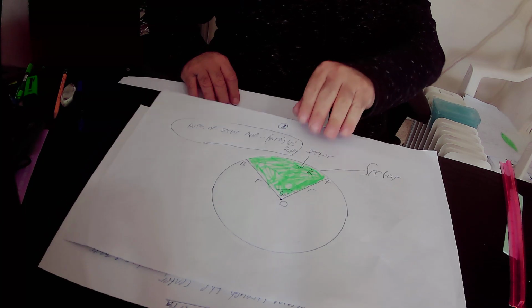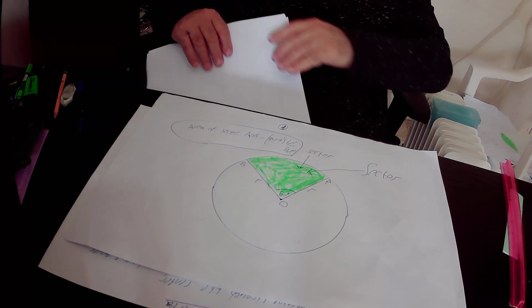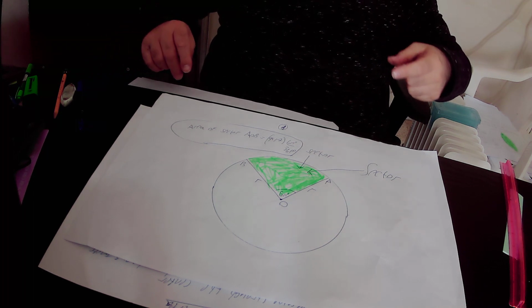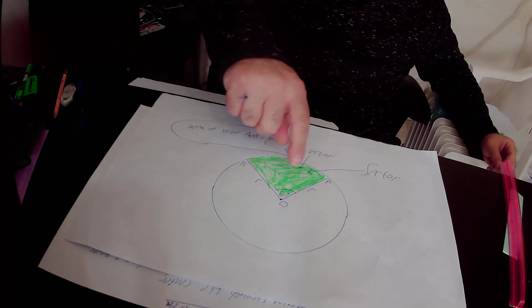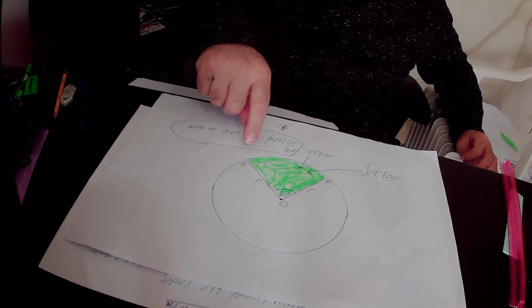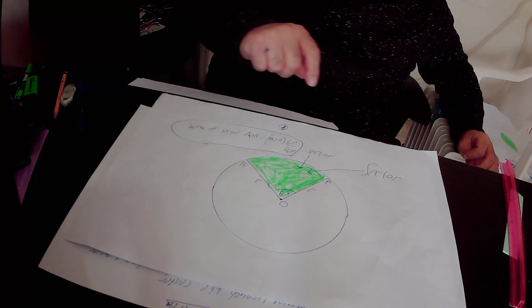So first of all, I presented to you the term sector. Sector is the area inside the circle that is bounded by 2 radii and the arc that is between those 2 radii.